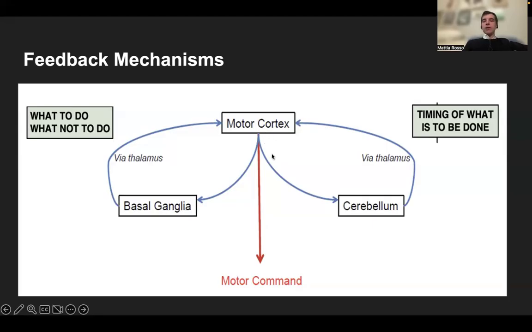The second part is one that goes to the cerebellum. You may have heard of the cerebellum. It's also part of the central nervous system, and it's the part that determines timing of movements. So one part suppresses or activates specific movements. The other part, with the cerebellum, drives timing.